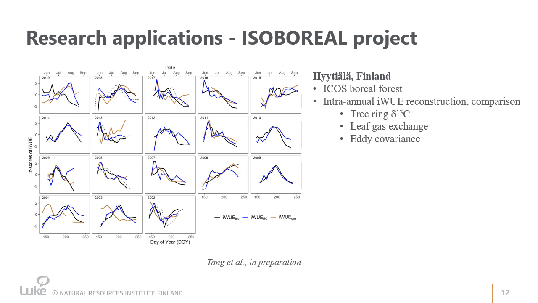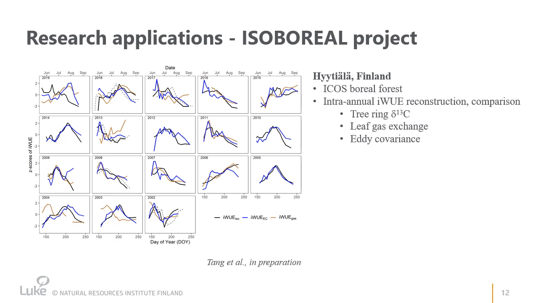The black series in each graph is the reconstructed intrinsic water sufficiency from tree ring carbon isotope composition. The reconstruction covers the growth period of tree rings for each studied year from 2002 to 2019.